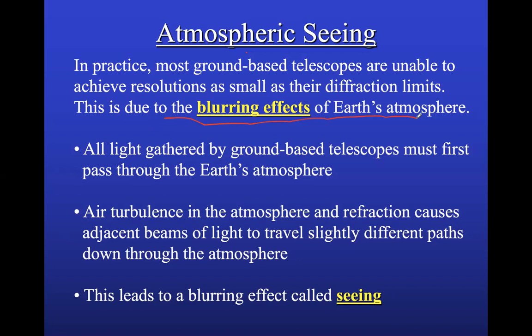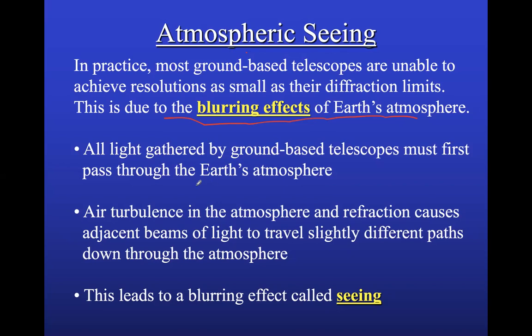There is a way that astronomers measure this effect, and that measurement is what we call atmospheric seeing. The idea is that all the light gathered by a ground-based telescope must first pass through the Earth's atmosphere. And what happens is the air turbulence in the atmosphere and the refraction.